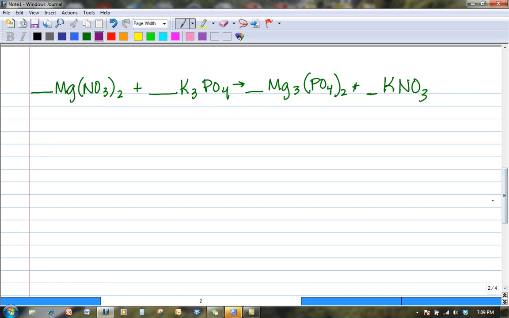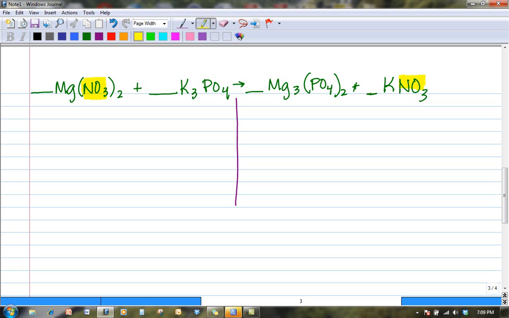This equation is a little bit more complicated. We have polyatomic ions here. The first thing I'm going to say about the polyatomics is that it makes the equation look more complicated, but really it doesn't make it too bad. If you take a look, I have a nitrate on each side of the arrow.